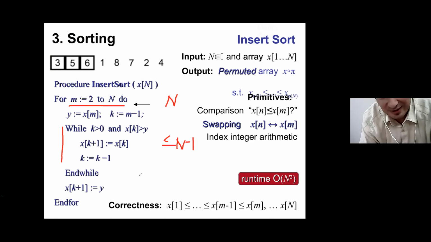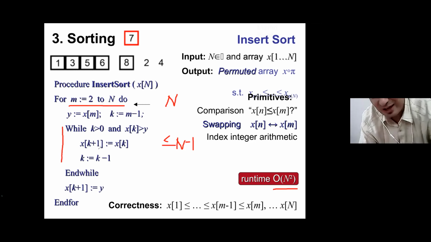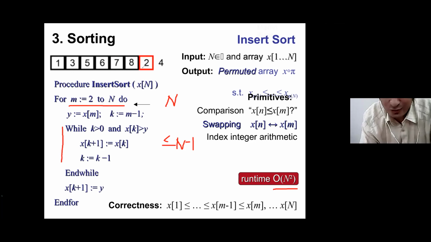So this is going to be less than n minus 1 or something like that. But if you have n times n minus 1, in the worst case you always have quadratic. So if the array is in exactly the reverse order, then you have the maximal number of these shifts. When you have small elements, they will always have to be inserted very much to the left, and you have very many shifts like this. So here you will have to shift 5 elements in order to insert these 2.